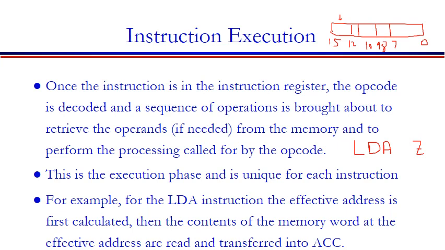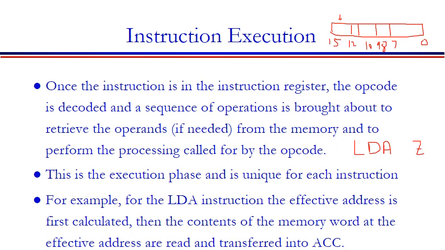for each instruction. For example, we can say that for the LDA instruction, the effective address is first calculated from where the data will be moved or copied. Then the contents of the memory will be transferred from the memory into the accumulator.